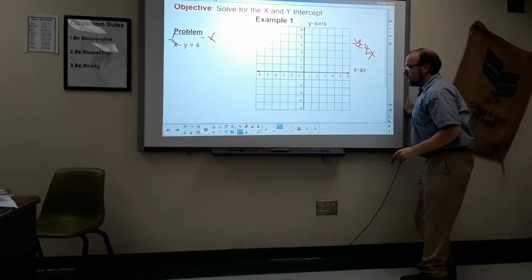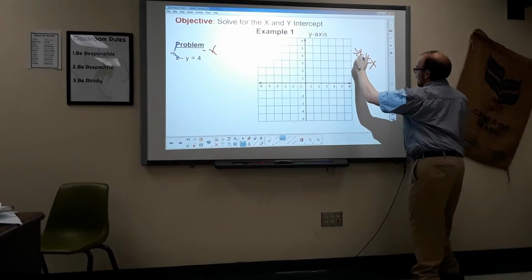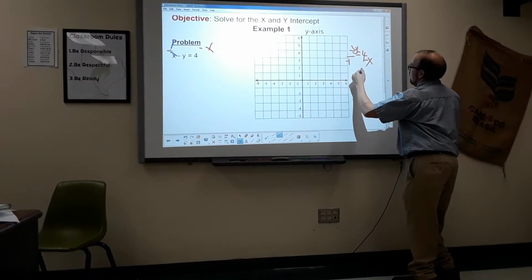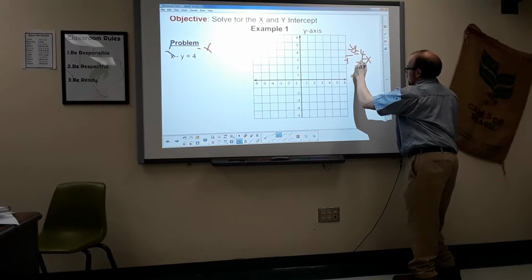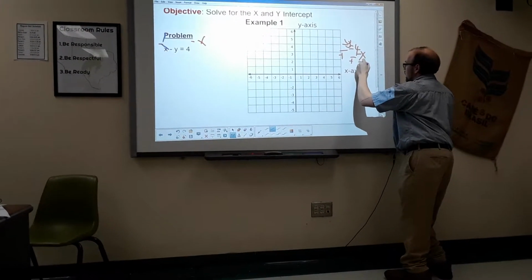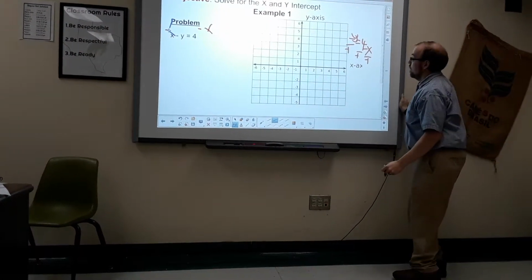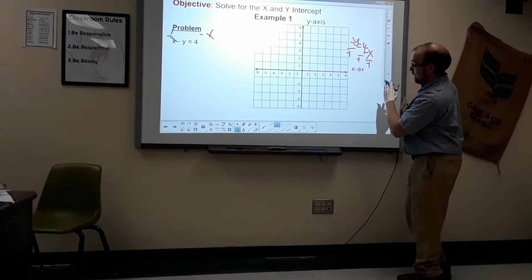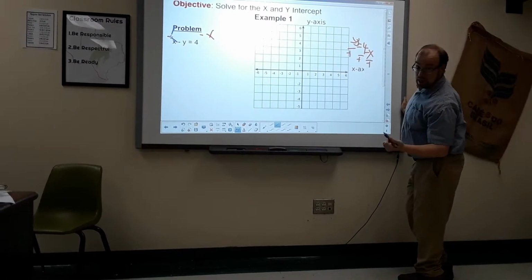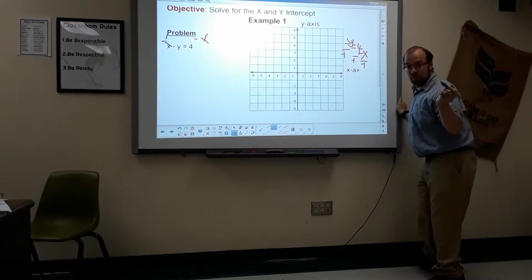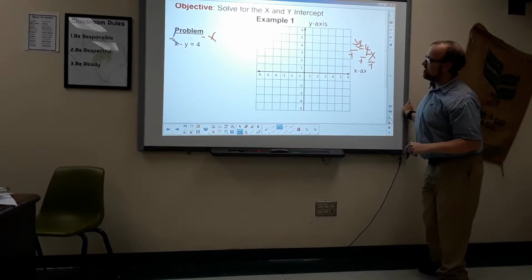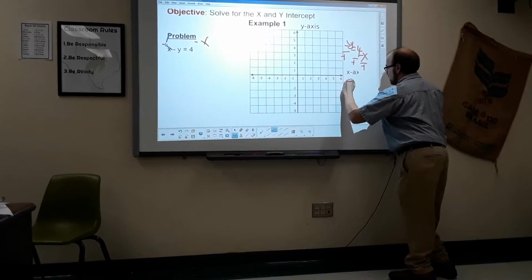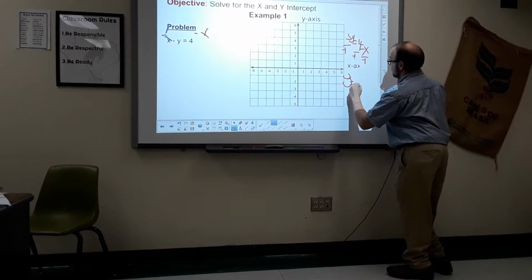I cannot have a negative y, so I'm going to divide everything by negative 1. I divided by negative 1 because negative y divided by negative 1, negative divided by negative, is positive. Good job.